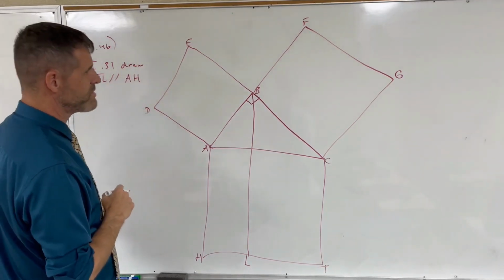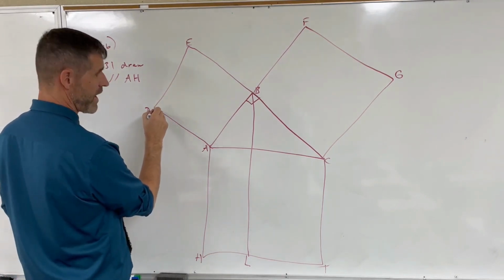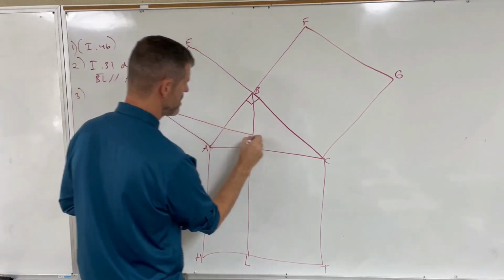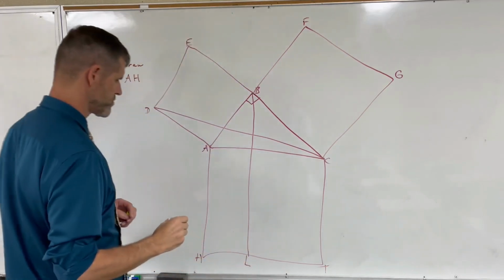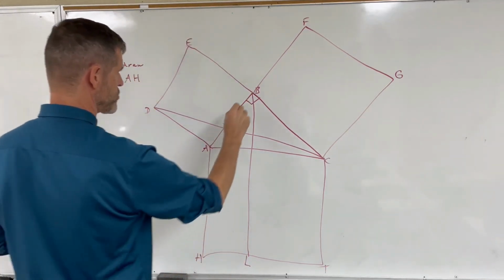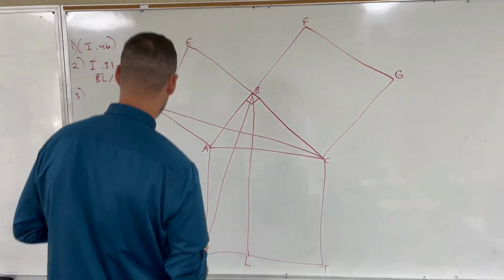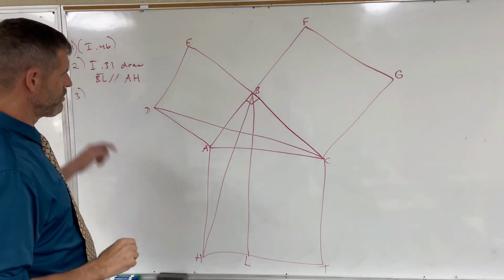And then a minor step: he uses Postulate 1 of Book 1 to connect points D and C with a straight line, and also to connect points B and H with a straight line. I won't write that up.